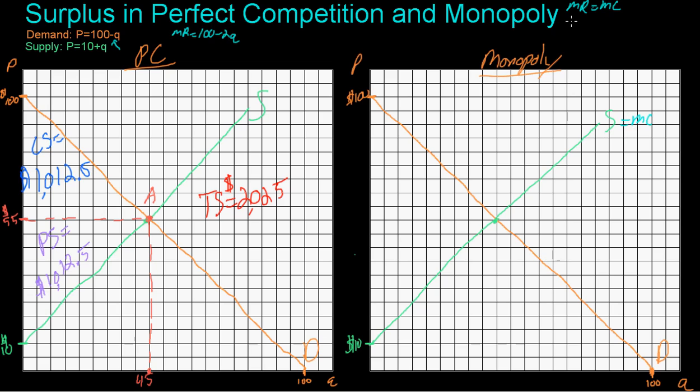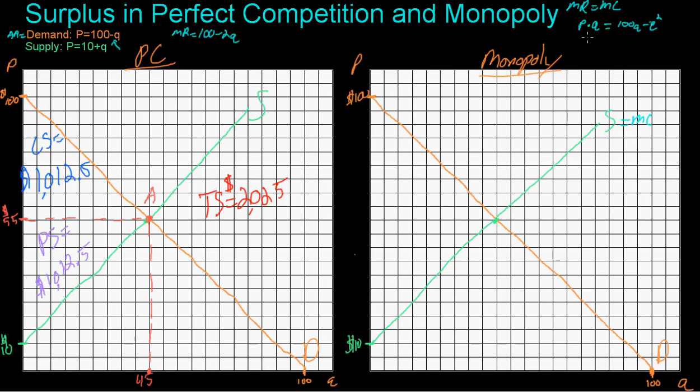So we have that demand is also average revenue. So to get total revenue, we need to multiply demand by quantity. So P times Q on the left-hand side is total revenue. And then on the right-hand side, we get 100Q minus Q squared.